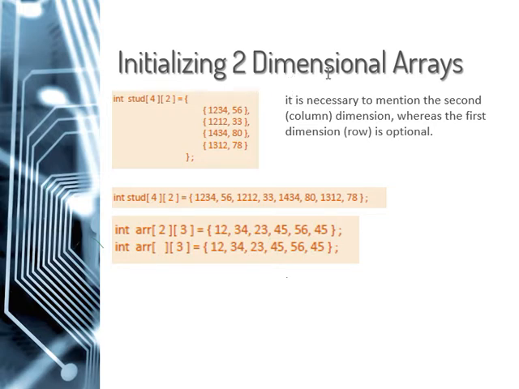So initializing a two-dimensional array, it is necessary to mention the second dimension, the column size, whereas the first dimension is optional. So in initializing your array, it is very important na kabalo ang compiler sa column size, kaysa sa row.